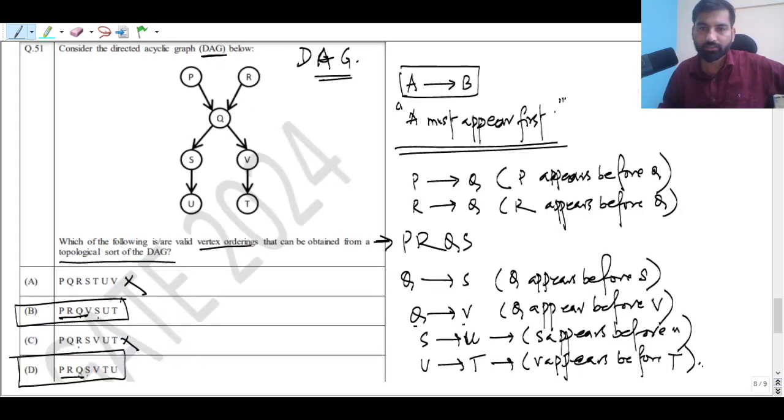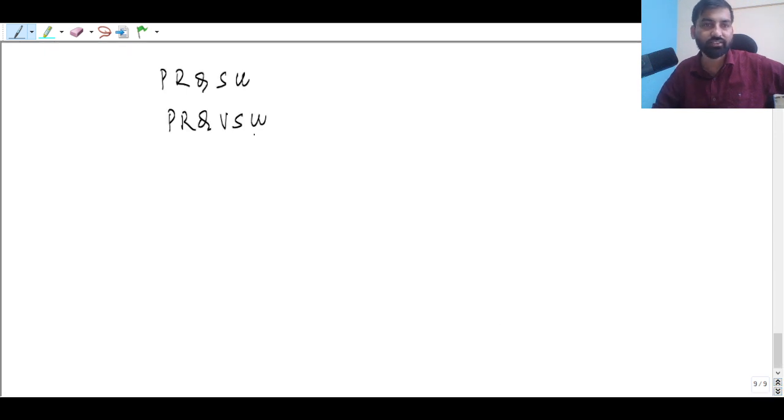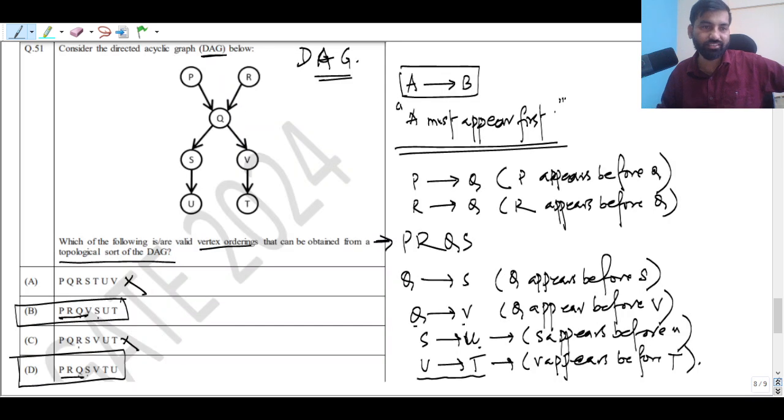V appears before T, so here it can be T. V appears before T means VT. So this is clear. S appears before U and V appears before T. You can put U at the end also, no problem.